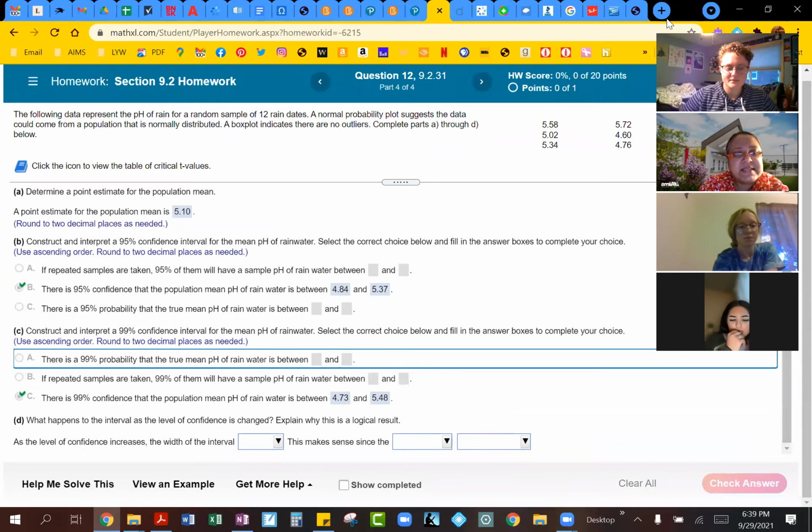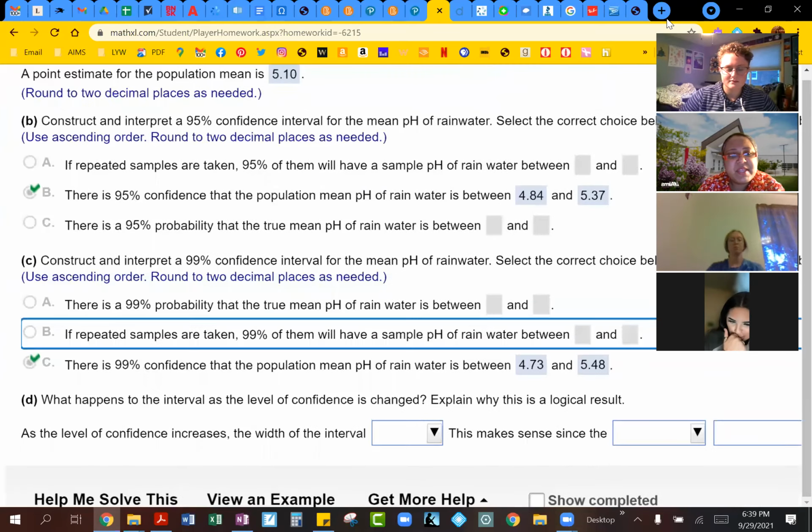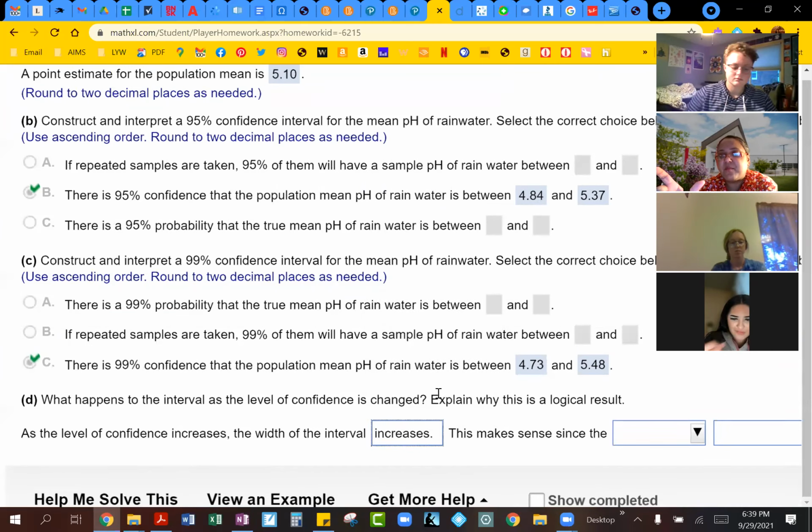And that's what they're asking you in this last part over here. So they are saying what happens to the interval as the level of confidence is changed. So we are saying as the level of confidence increases, because we went from 95 to 99%, the width of the interval increases, right? Because it became wider.